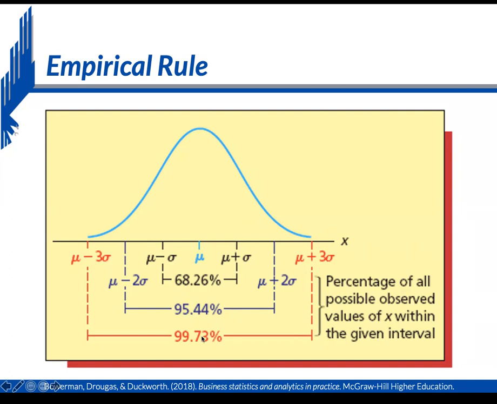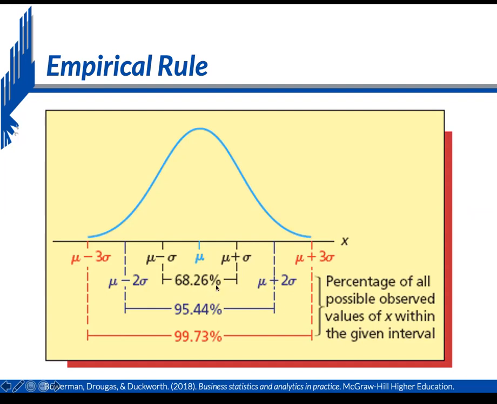Now, in Module 2, we talked about these as percentages, the total percentage of x that falls within their intervals. And as mentioned earlier, these are proportions, these are areas under the curve, which means that these are also probabilities.